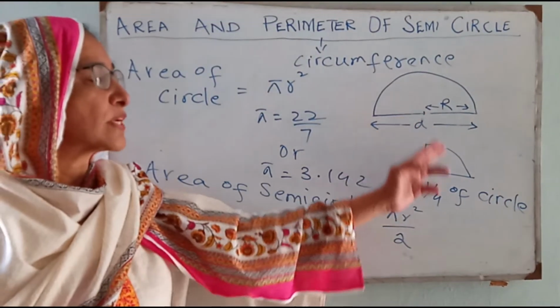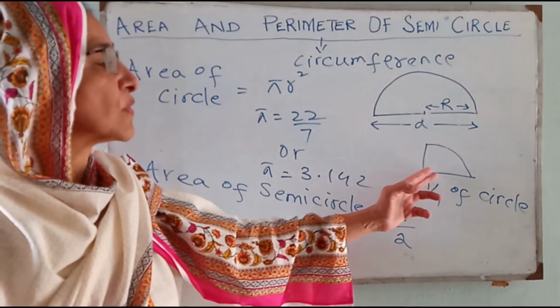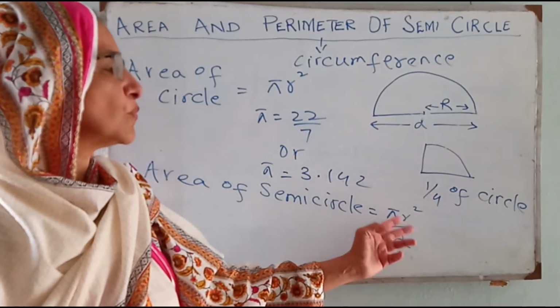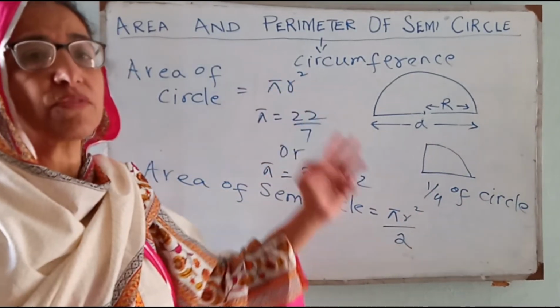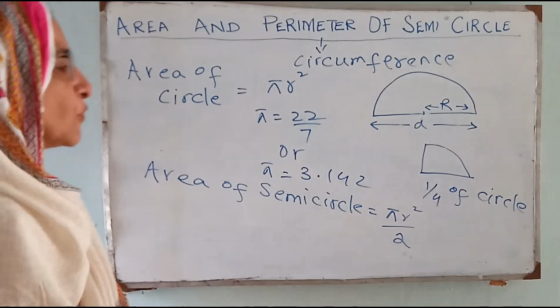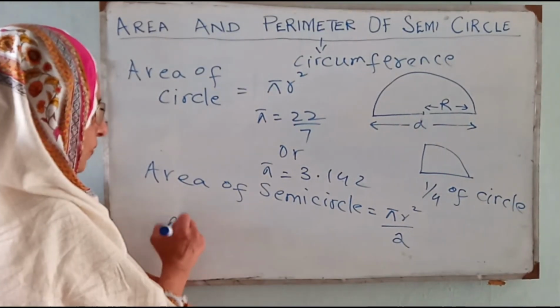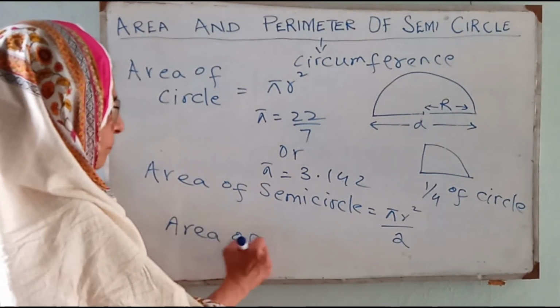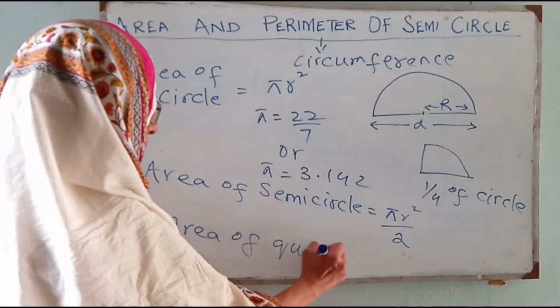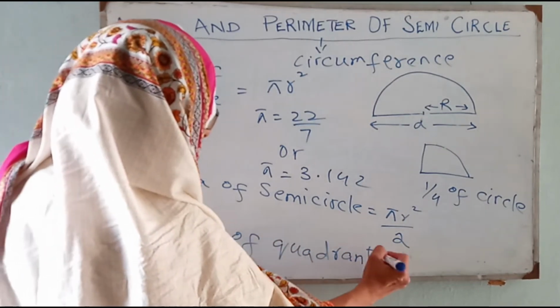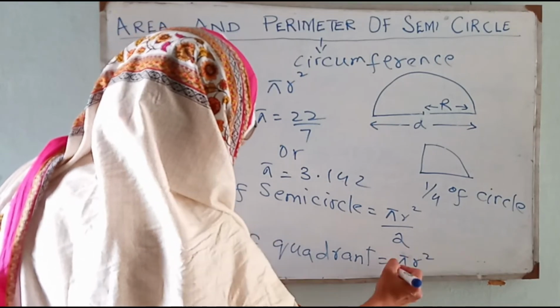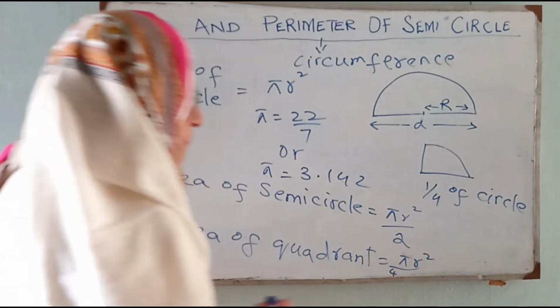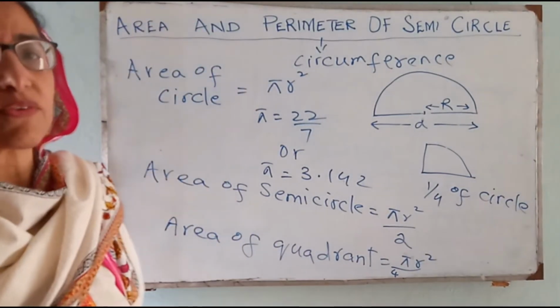And when we are talking about the area of a quadrant, whatever is the area of a circle, we are going to divide that by 4. So the area of a quadrant will be pi r square divided by 4, right?